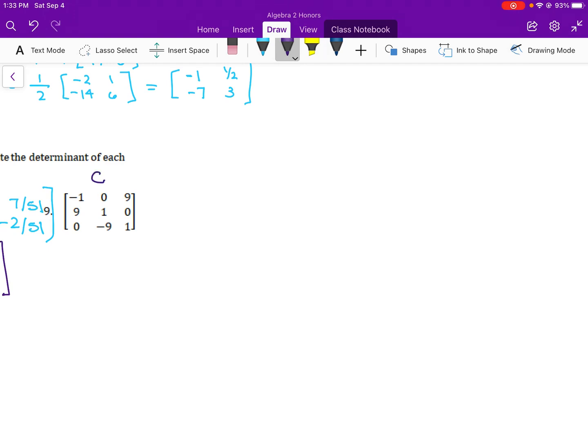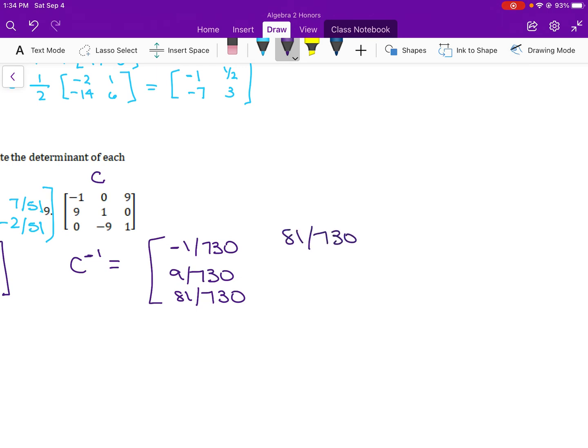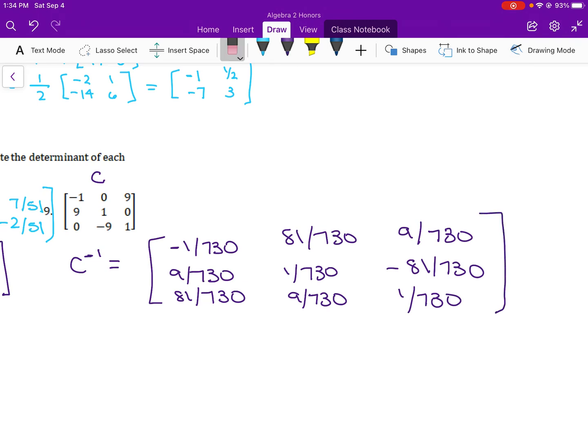If I call this one C, the inverse of C is negative 1 over 730, 9 over 730, 81 over 730, goodness sakes, are you just happy that we didn't have to do this one by hand? 81 over 730, 1 over 730, 9 over 730, and that is just coming from the wicked determinant that this one has. 9 over 730, negative 81 over 730, and 1 over 730. So that's just the inverse itself.